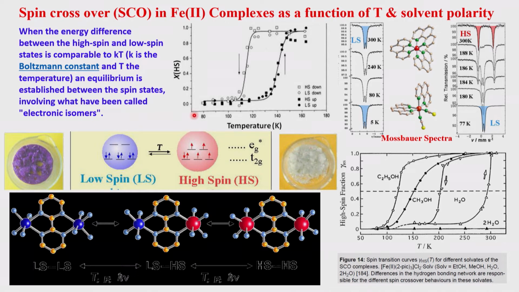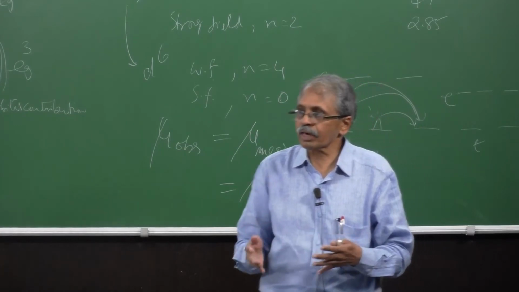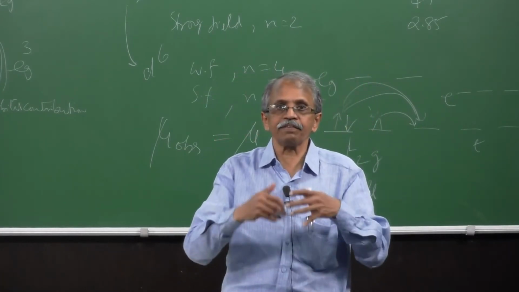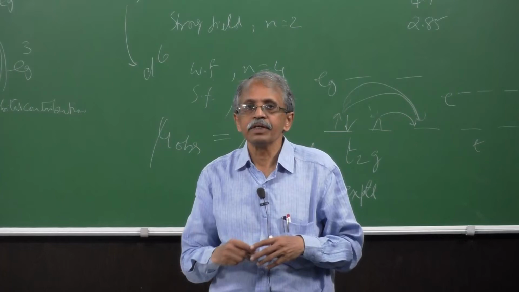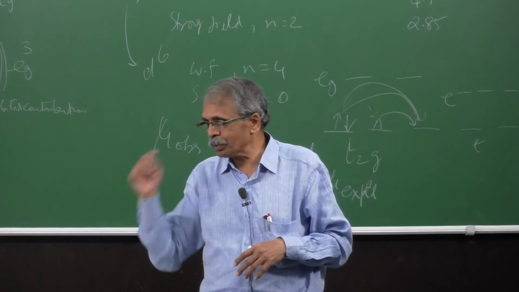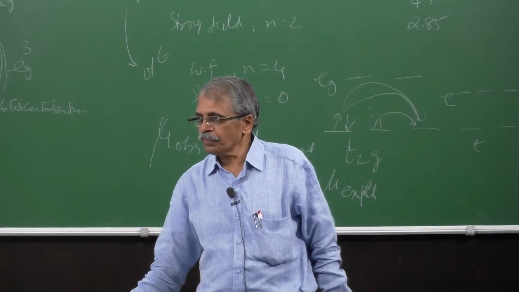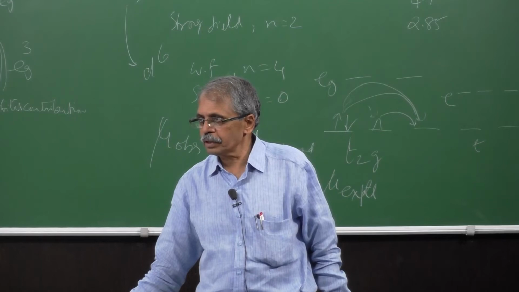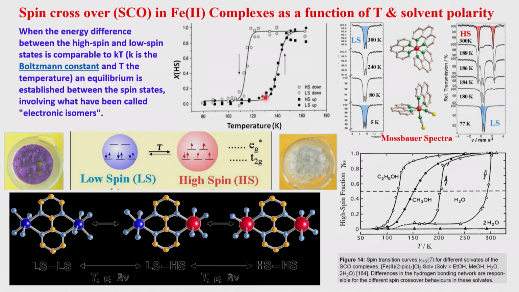Now if you plot chi, as I showed you in the previous class, chi is the measurement, mu is not a measurement. Mu is only a calculated value, you convert and use it. If you go from low temperature and start increasing, there is almost no change in chi, then a sudden good change, and then saturation.